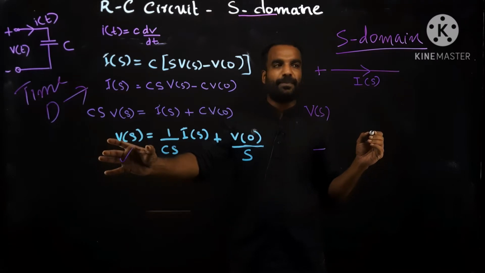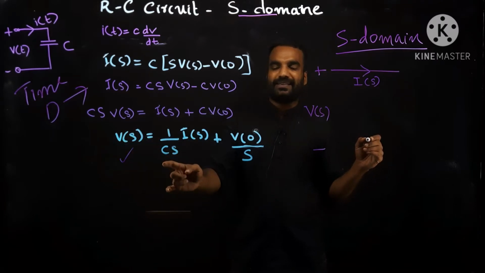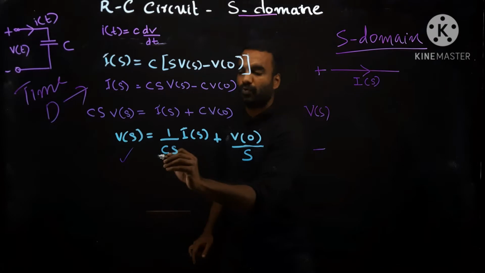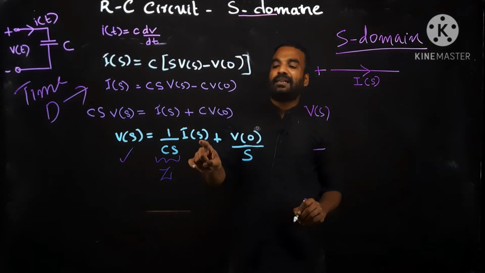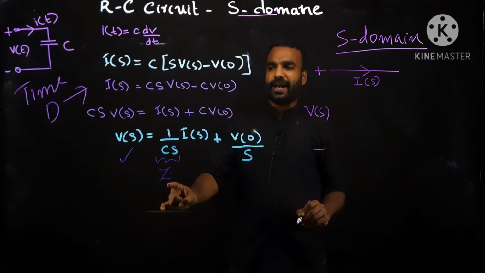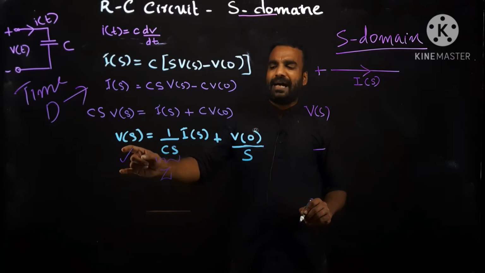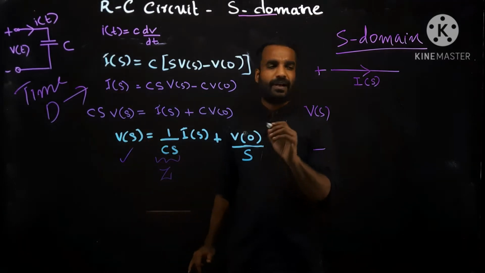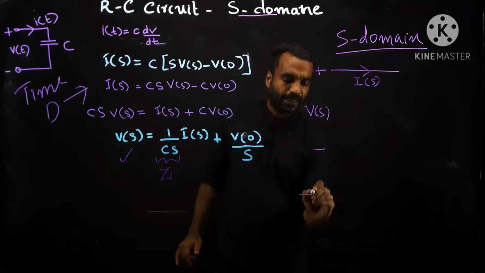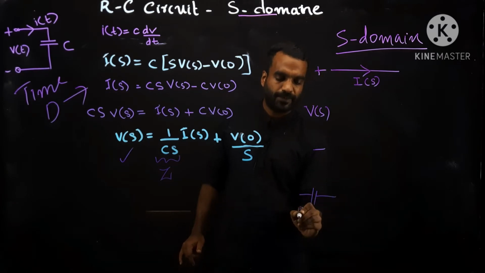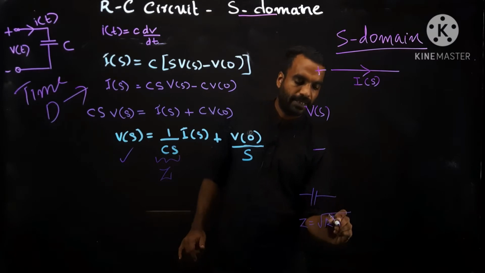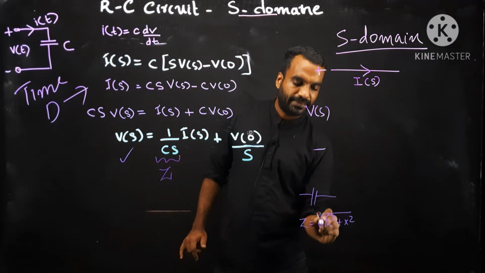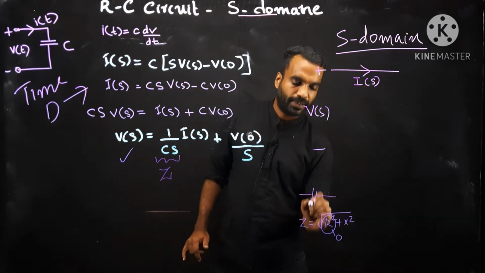Okay. Now I want to implement this equation. V of S is nothing but I of S into 1 by Cs. I of S passing through 1 by Cs. So 1 by Cs represents an impedance because current into impedance or reactance will give voltage. As it is purely capacitive, Z is nothing but square root of R square plus X square, and R is equal to 0, purely capacitive.